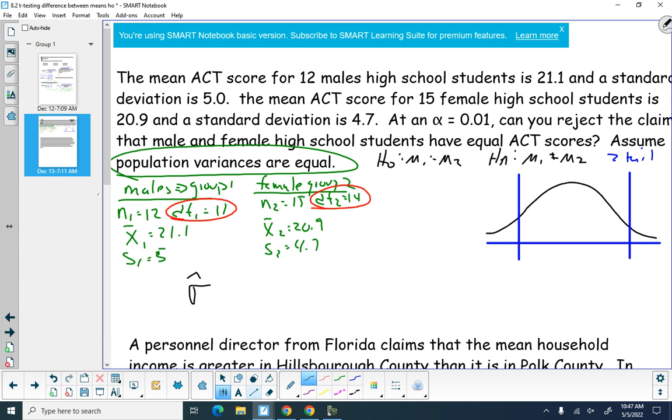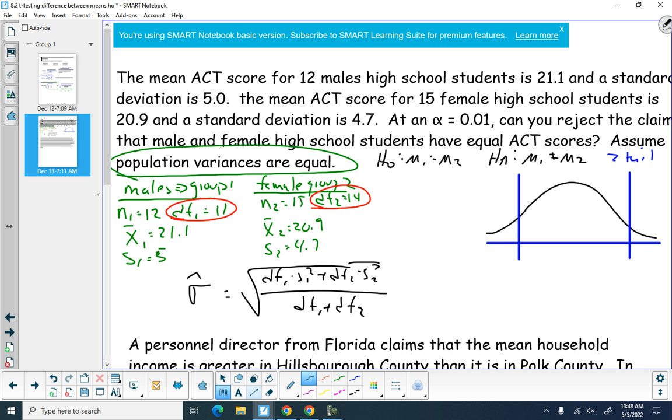Where we have that sigma hat, we have degree of freedom 1 times S1 squared plus DF2 times S2 squared over degree of freedom 1 plus the degree of freedom 2.